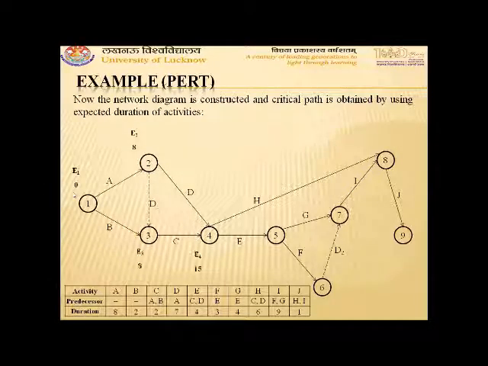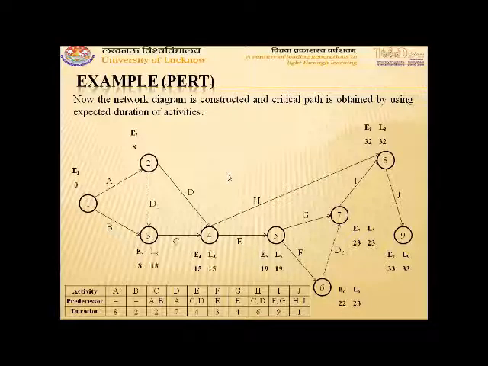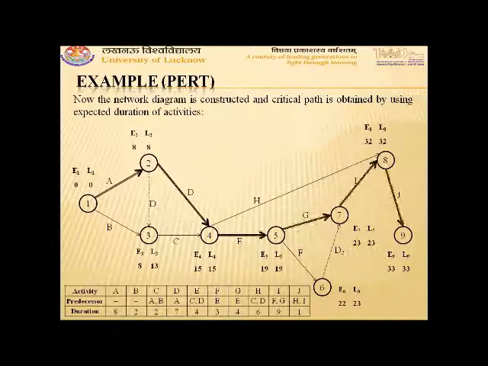Using the forward pass method, the earliest start time or earliest finish time, or you can say the earliest occurrence times, are assigned to the activities and events, and using the backward pass method, the latest occurrence times for the events are assigned. Now the events for which EI and LI are the same are joined by a double lined arrow, which shows the critical path.